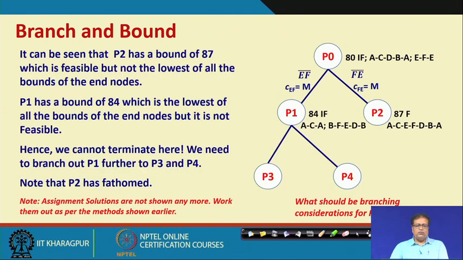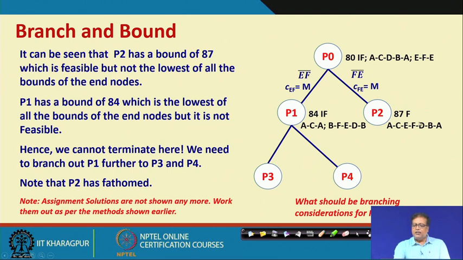So, these two have to be solved. The assignment solutions we are not showing anymore, you have to work them out, please work them out to really find, as by the method shown earlier. So, you see the solution comes such that for the P 1 problem we get 84 as the TC star and for P 2 we get 87.